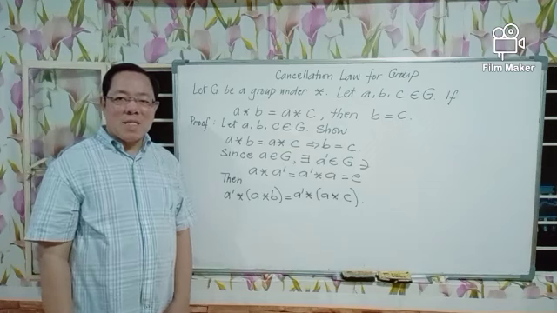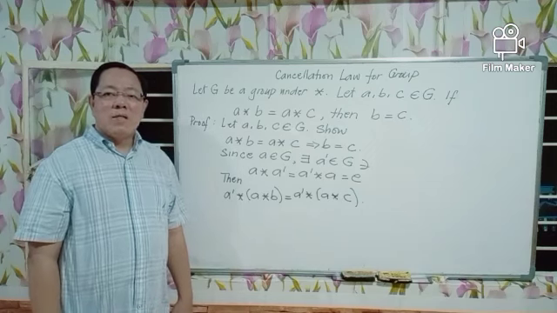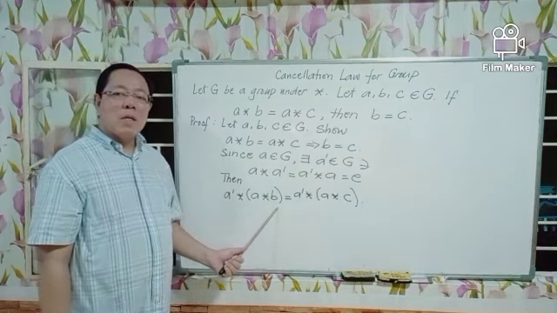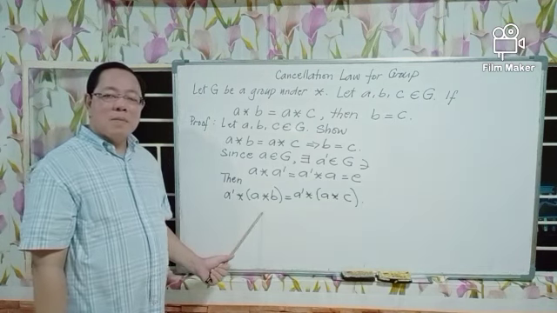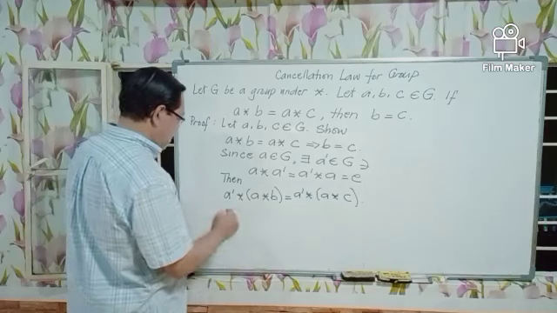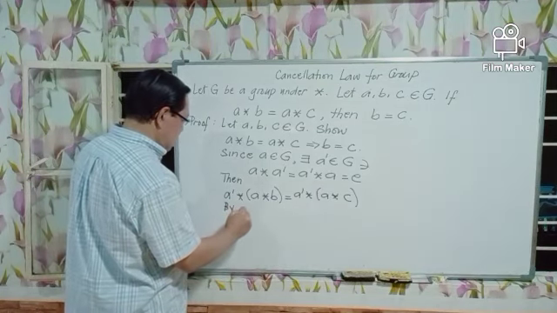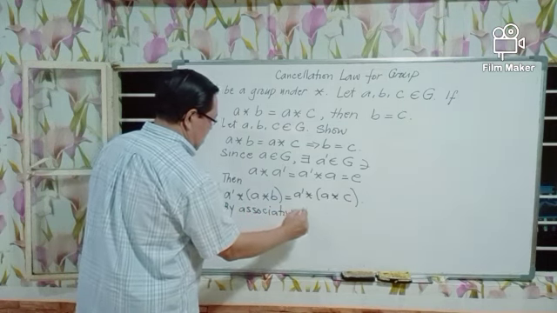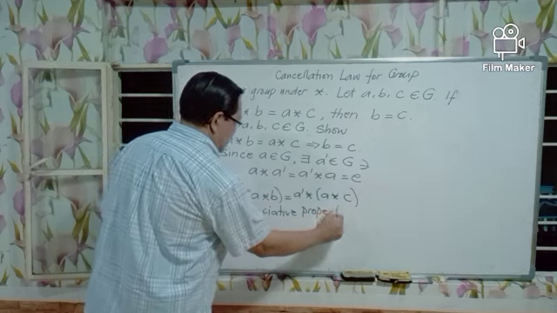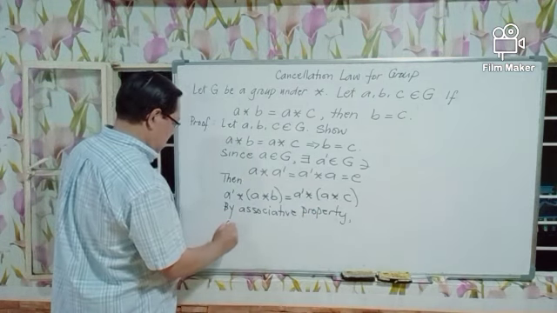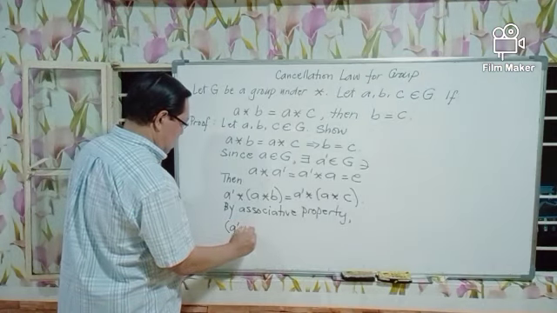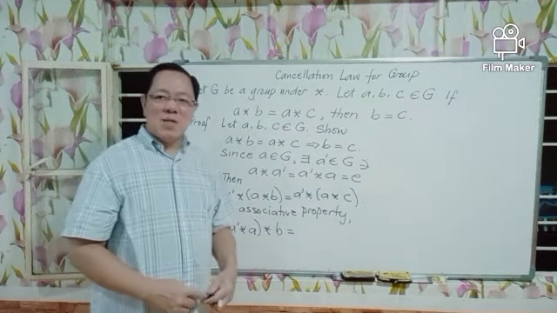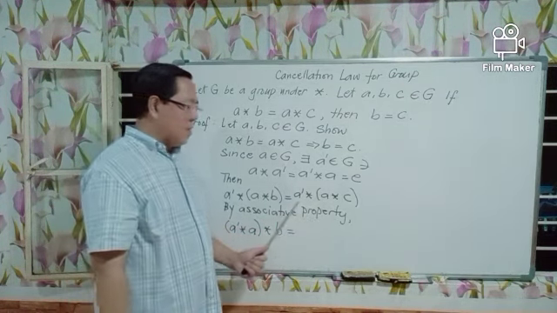Associativity is one property that is satisfied by the elements of the group G. And by associative property, the left-hand side is equal to quantity A prime star A star B. We also apply the associative property to the right-hand side of this equation.